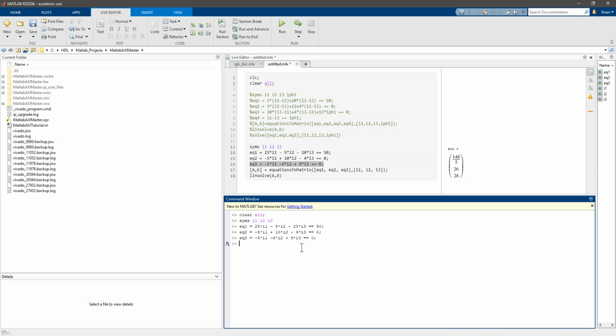So, using the tools of linear algebra, I can transform this linear equation system into a matrix form. And thankfully, MATLAB provides a built-in function to solve any number of equations at once.